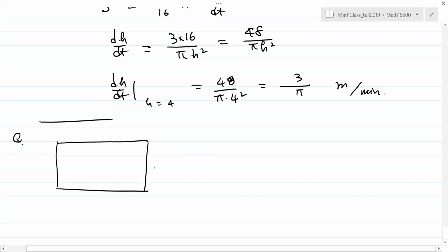So this side is y, this side is x, and this is the length of the diagonal.